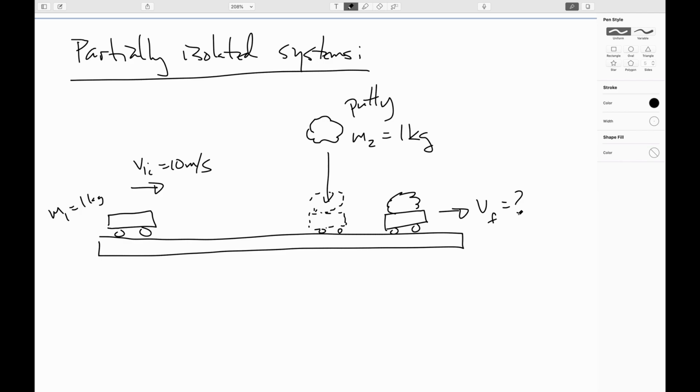Well, this is definitely a sticky inelastic collision. The question is, is momentum conserved here? And the answer turns out to be no. This is because for the momentum of the system, this had a momentum pointing to the right.